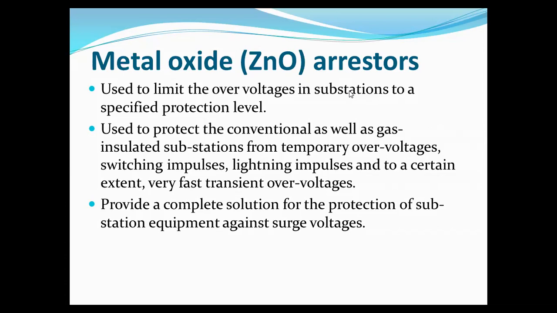Against all such types of over voltages, these metal oxide, that is ZnO, arresters are used. They provide a complete solution for the protection of substation equipment against surge voltages. It is not only protecting the substation and the transmission line, but it is also used for the protection of the equipment placed in the substation.